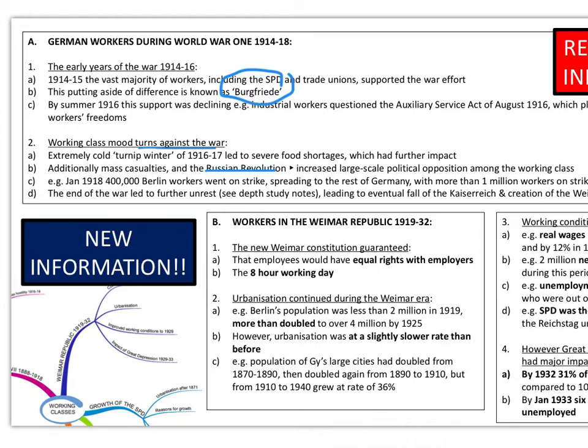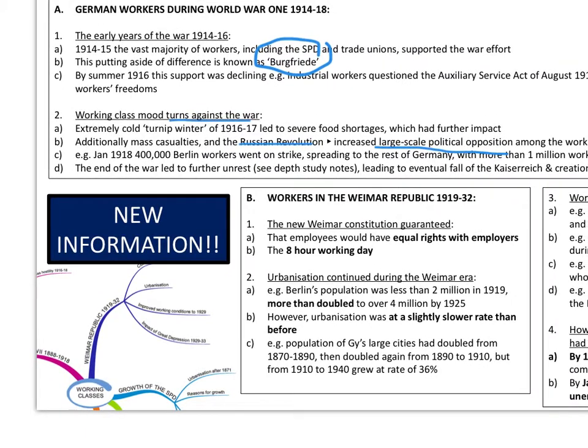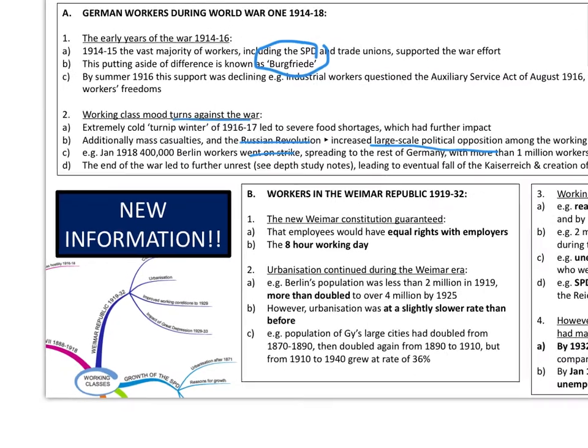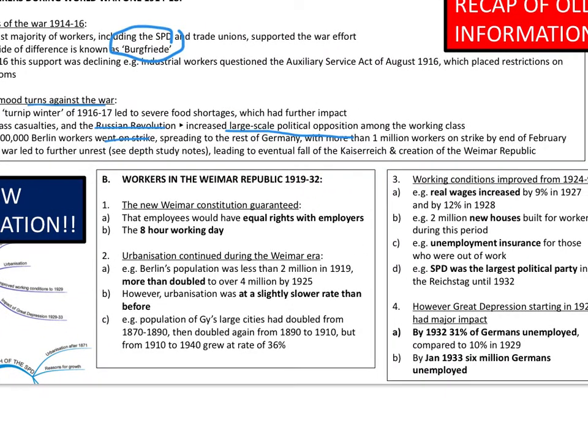So there was increased, therefore, large-scale political opposition among the working classes. But first, remember, in 1917, it was largely economic. They simply wanted the war to end so they could feed their families. But then increasingly, workers went on strike. And of course, they began increasingly to talk about pushing for political reform or even possibly an end to the Kaiserreich.